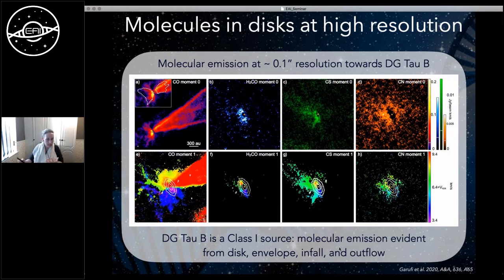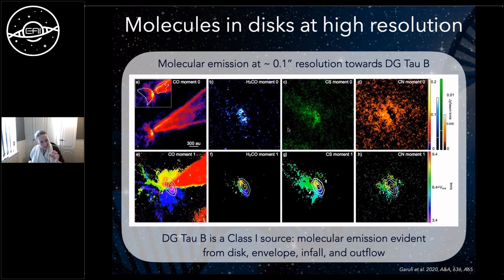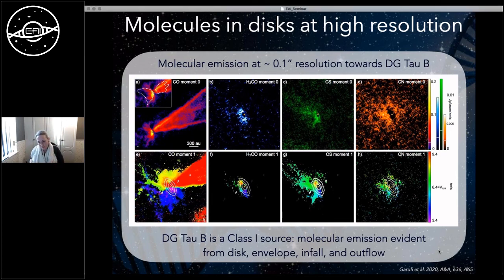The molecular emission from the disk, from the envelope, you can see evidence of infall in the kinematics, as well as the very powerful outflow that's coming from these objects. So maybe not unsurprising, when we go to very high resolution, we start to see a huge amount of detail. We don't see all of these emissions all mixed up together that we have to try to disentangle. We actually start to spatially resolve.